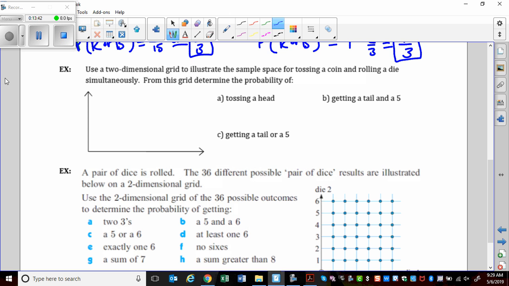It says from this grid, we've already talked about this. We know to use a two-dimensional grid to illustrate the sample space for tossing a coin and rolling a die simultaneously. So let's actually go over this one. If we're tossing a coin, we can either have heads or tails.